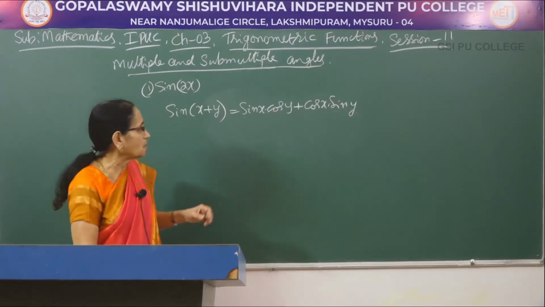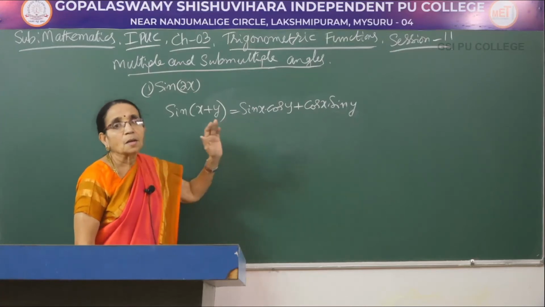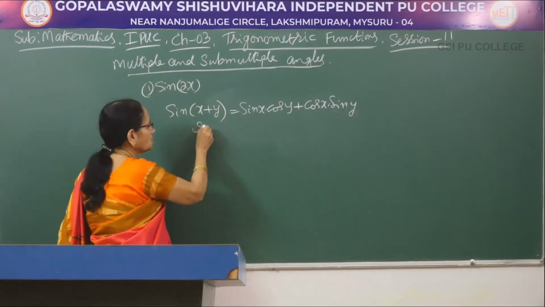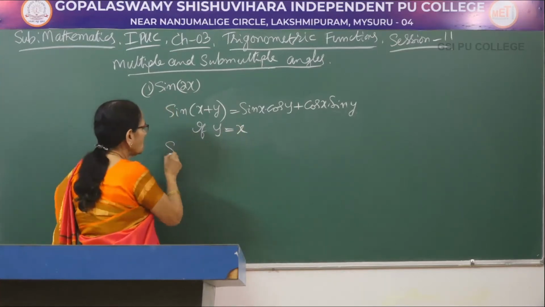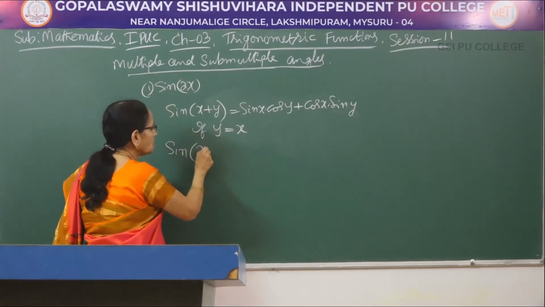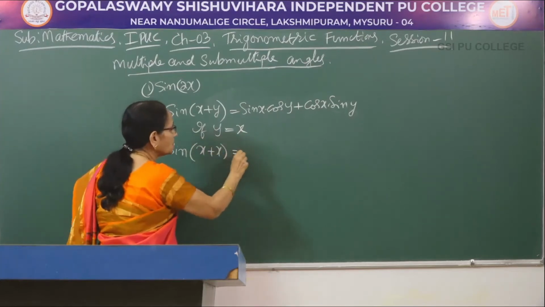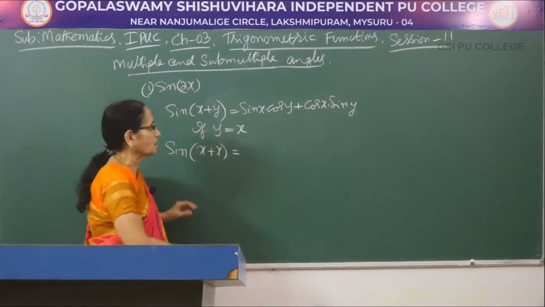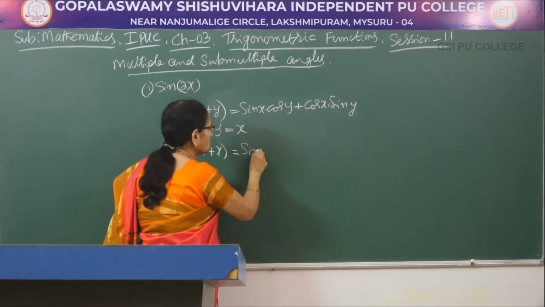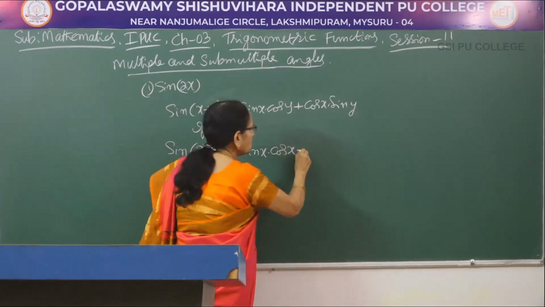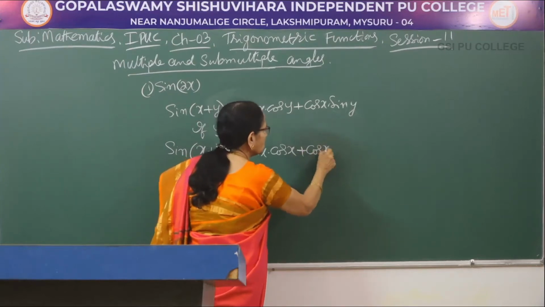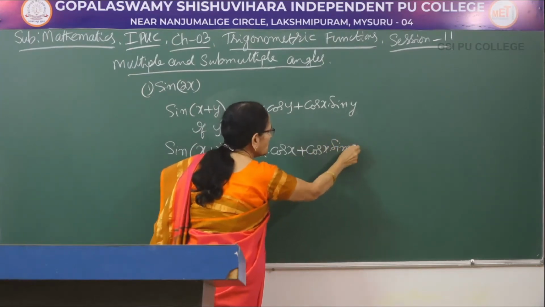As a particular case, suppose y and x are equal to each other. That is, if y is equal to x, then on the left hand side, it is x plus x. Wherever y is there, you replace it by x. Right hand side, it is sin x into cos y becomes cos x. Similarly, cos x into sin y becomes sin x.